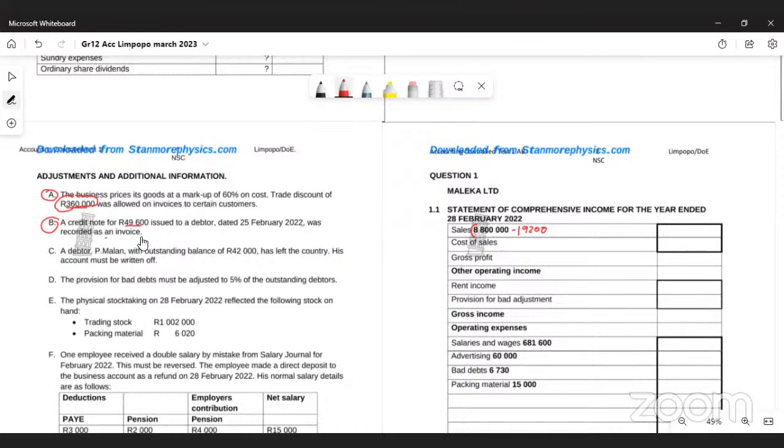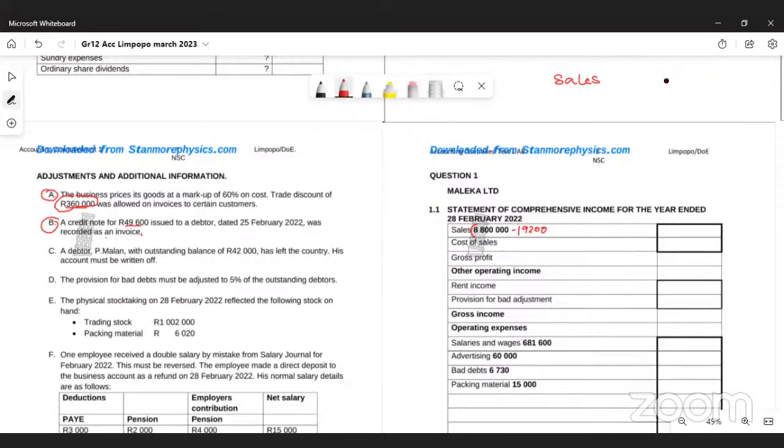Now, remember what happened here. This is an error, guys. Remember, we had the sales account. We have also the debtors allowance account. I hope you remember this account, good people.